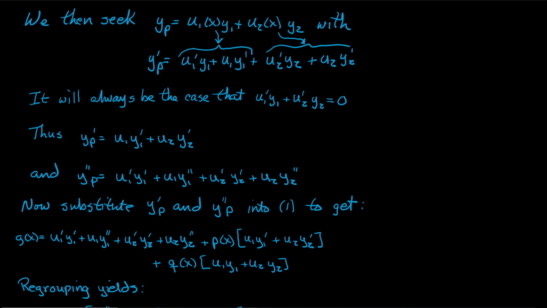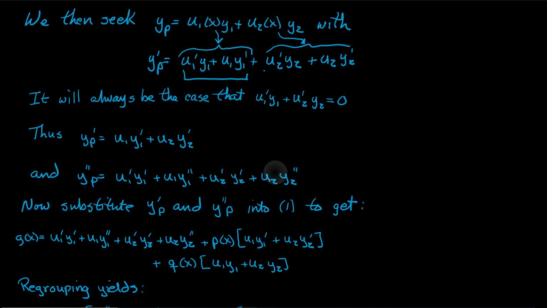Now, it's important to notice here that u1 and u2 can be functions of x. They don't have to just be things like 3, 4, -7. They can be things like x e to the x or x cosine x, things of that nature. When we take the derivative of this equation on the top line, we obtain, using the product rule, first these two terms.